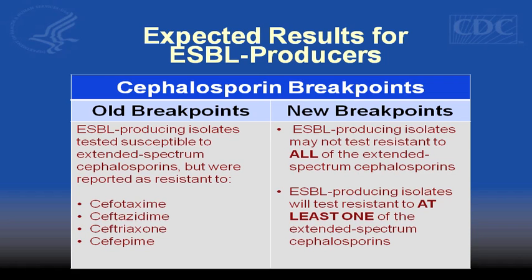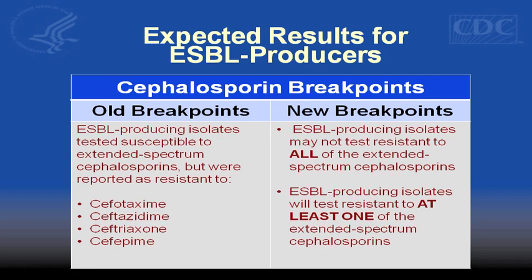With the new breakpoints, what you can expect is that ESBL producing isolates may not test resistant to all extended spectrum cephalosporins. So for example, you'll have an ESBL producer that will test susceptible to ceftazidime and resistant to ceftriaxone.